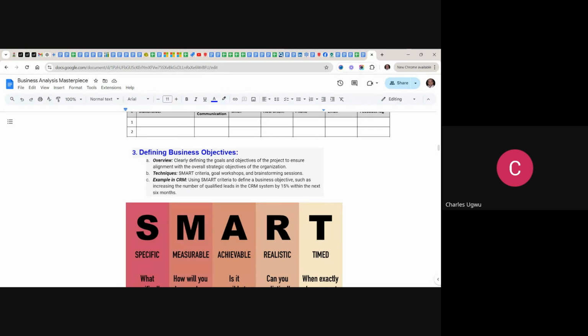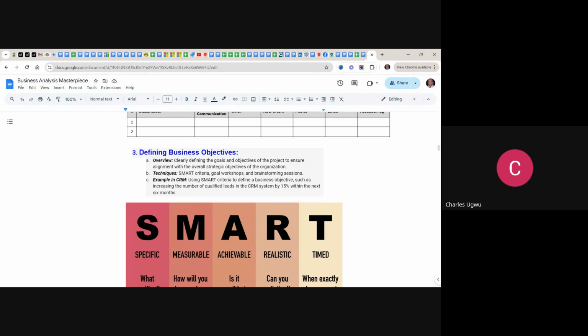So the first thing is to clearly define business objectives and the goals. Business objectives and goals are for you to understand the project, to ensure that the project aligns to the overall strategic objective of the organization.